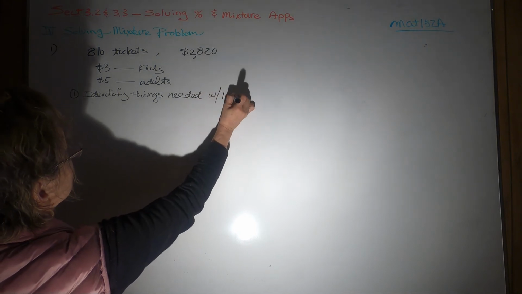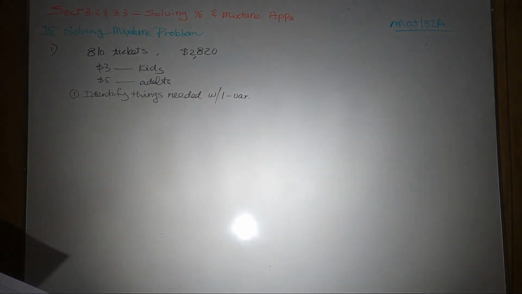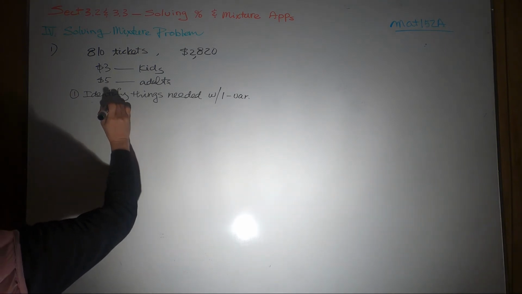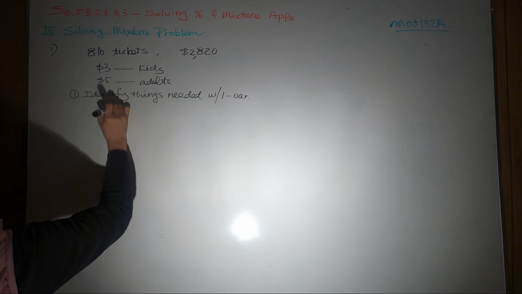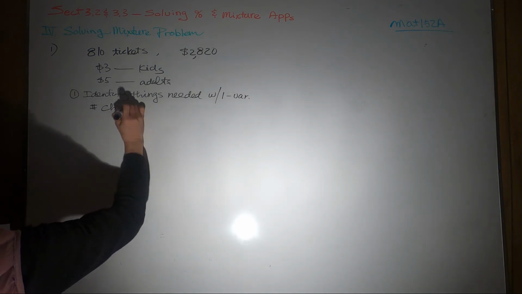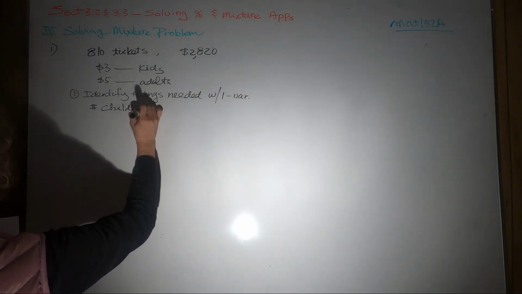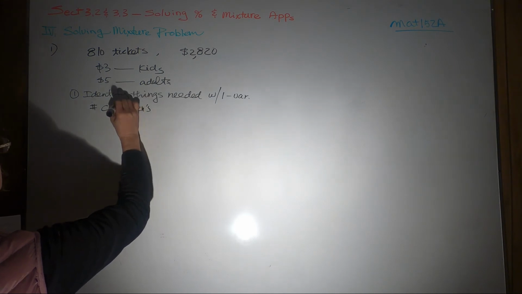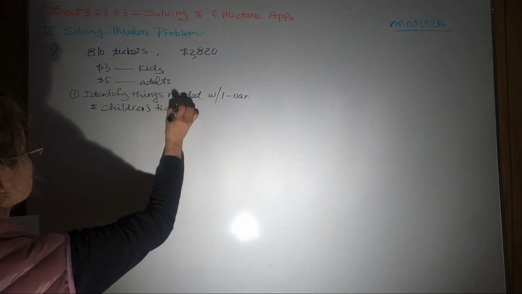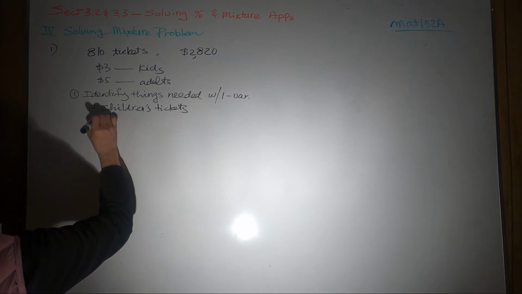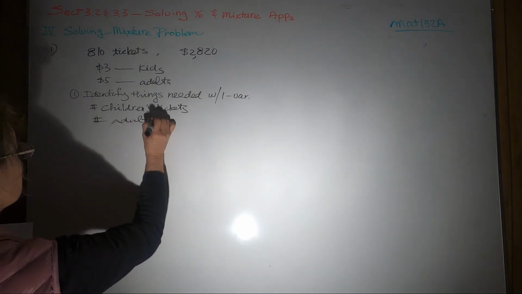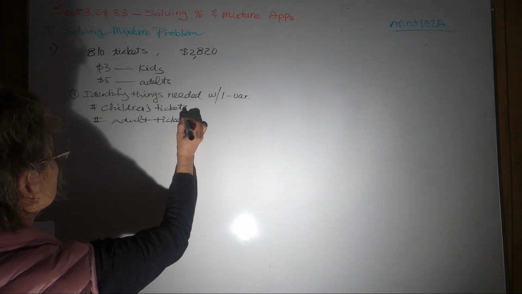Just 1 variable, right? Then actually we say we need to know the number of children's tickets, right? And the number of adult tickets. That's what we need to know.